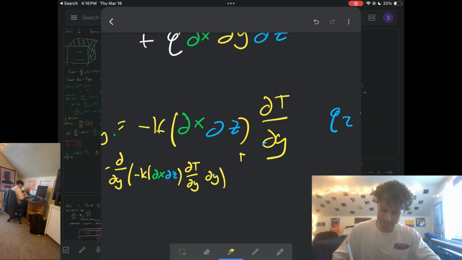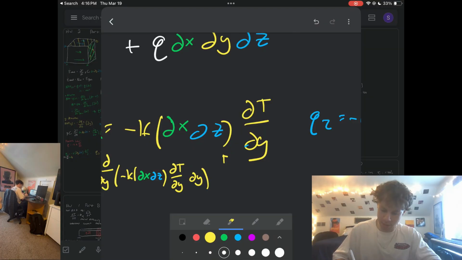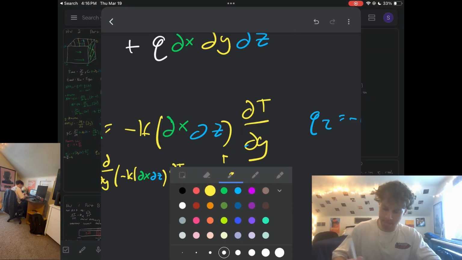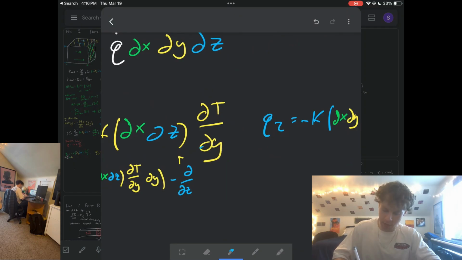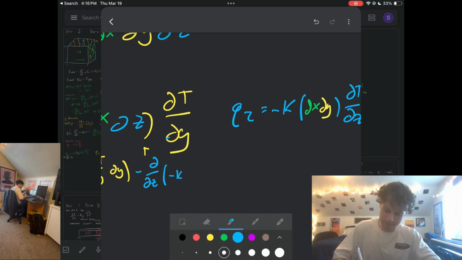And then we get our negative d over dz times our negative thermal conductivity times our area.